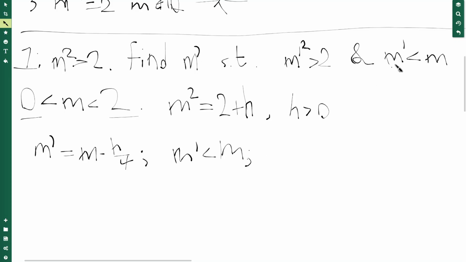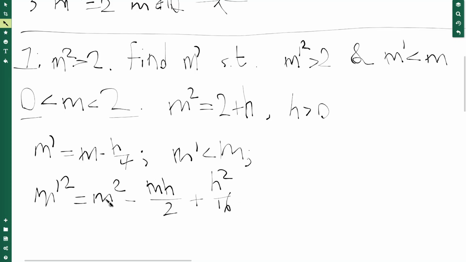But we want to show that m prime squared is greater than 2. So let's square it. It equals m squared minus mh over 2 plus h squared over 16.